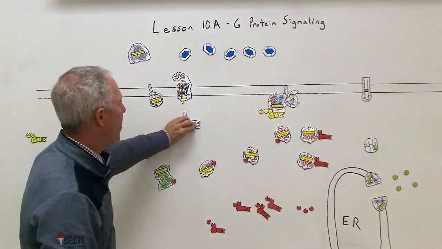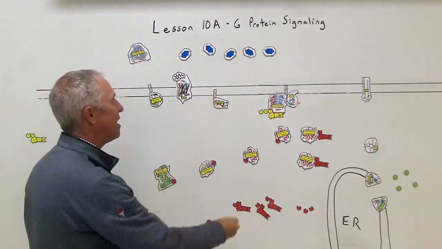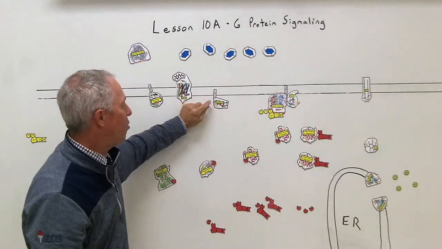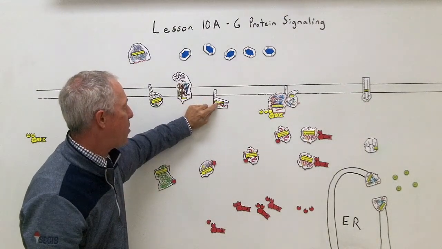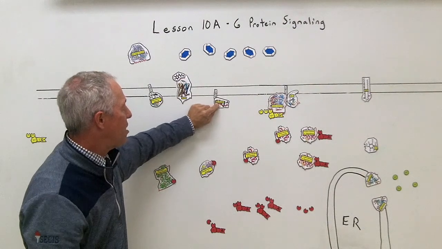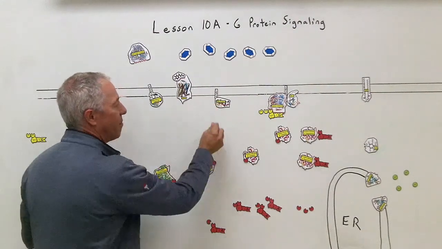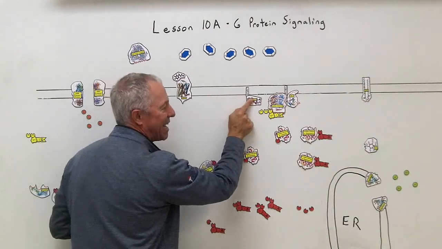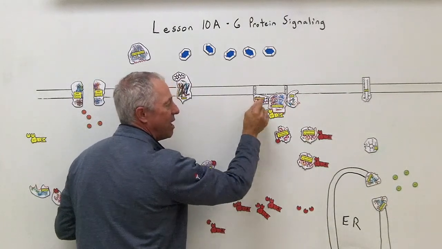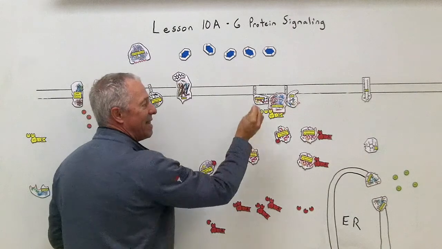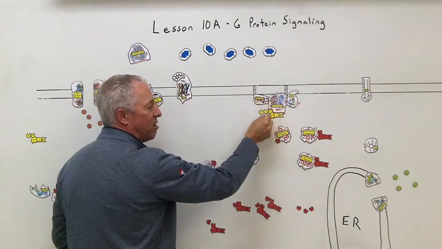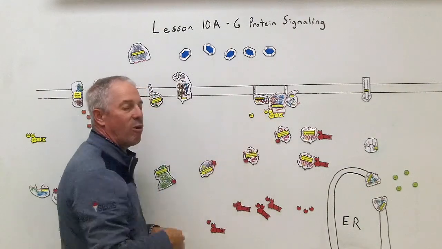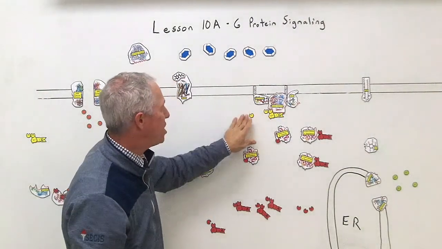So one form of regulation is a protein that sits in the membrane called the RGS protein, the regulator of G protein signaling. So the RGS protein can move about in the membrane and can attach to the alpha subunit. This causes the GTP to lose its phosphate, or we say hydrolysis of the GTP.